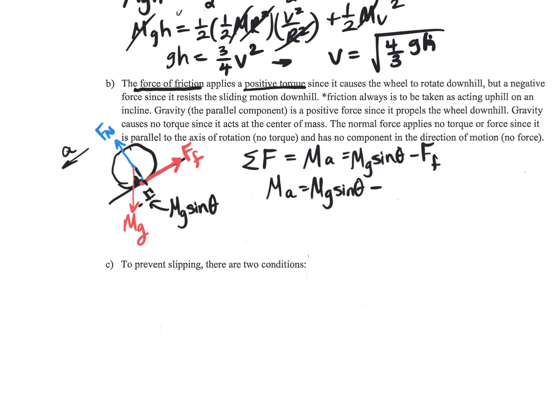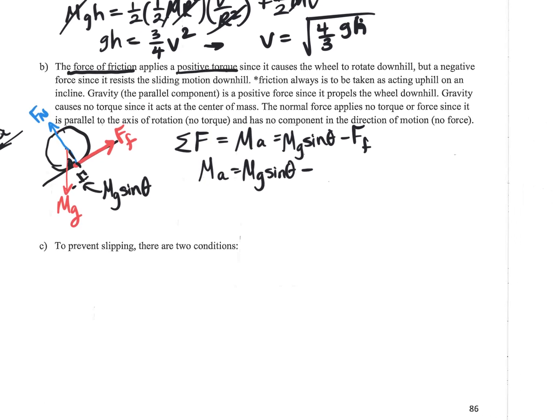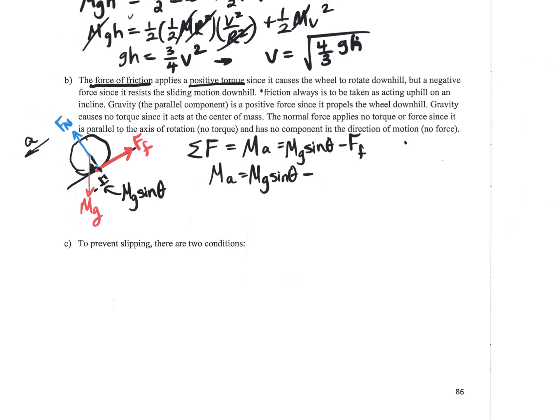We could do the mu times the normal force and all that, but I don't really want to because I can now treat it as torque, can't I? Sum of the torques is equal to I alpha, is it not? Well, what is the sum of the torques here, guys? Force of friction times the radius of the thing, isn't it?